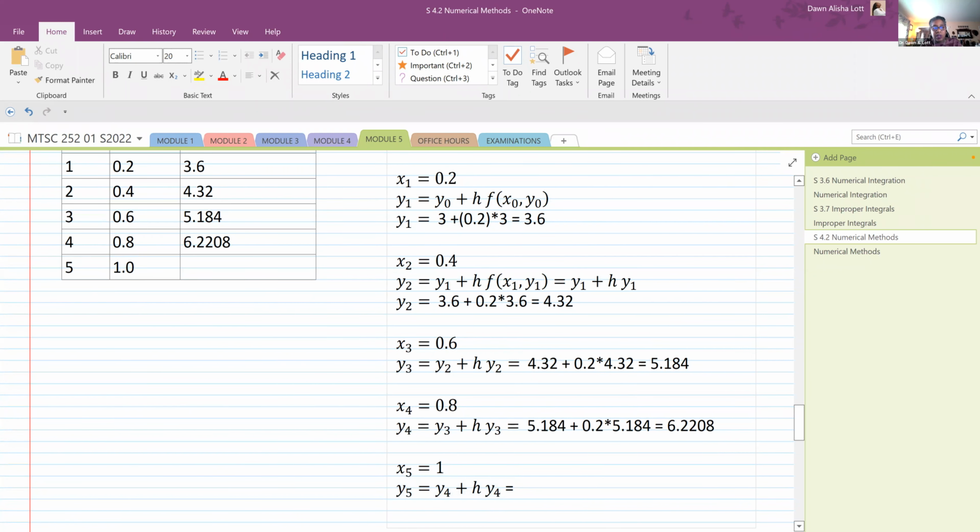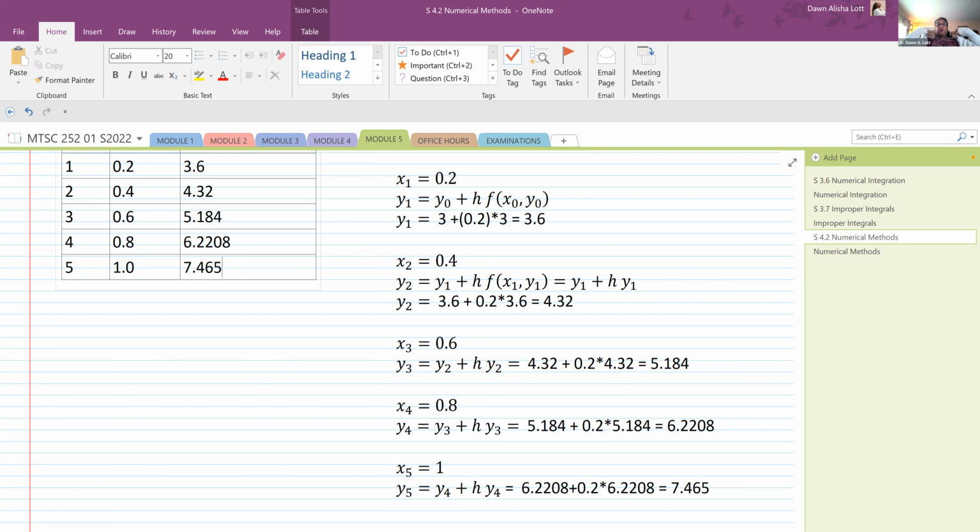So that was 6.2208 plus 0.2 times 6.2208. And that's going to equal 7.465. Okay, so that's our approximation to what y of 1 looks like.